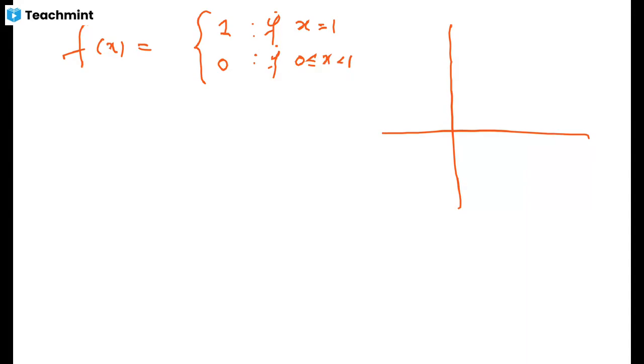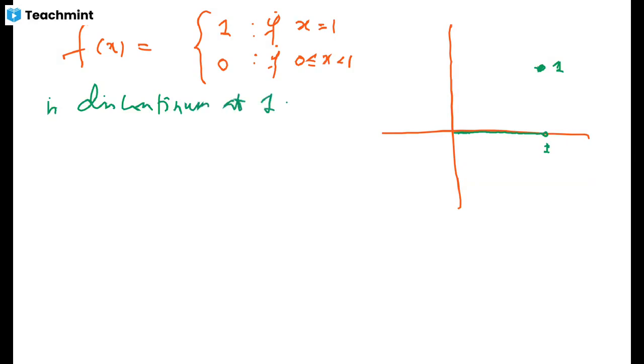You can check it using whatever continuity definition you know, but it's not continuous at x equals 1. From the graph you can see that for x less than 1 the value is 0, but when you reach 1, the value shoots up and takes the value 1. So this function is discontinuous at 1.